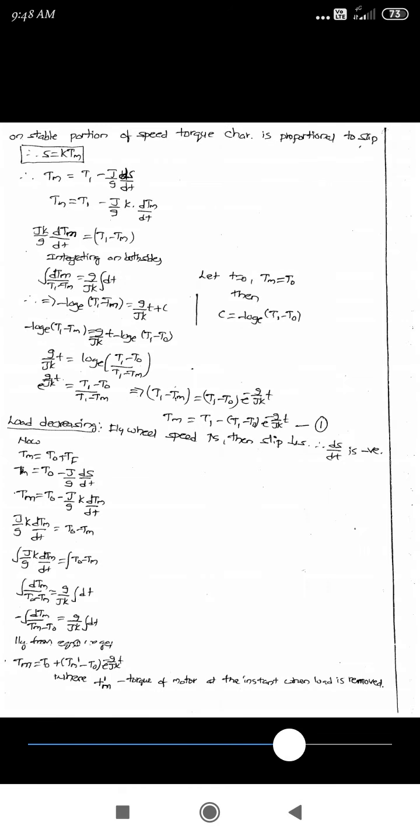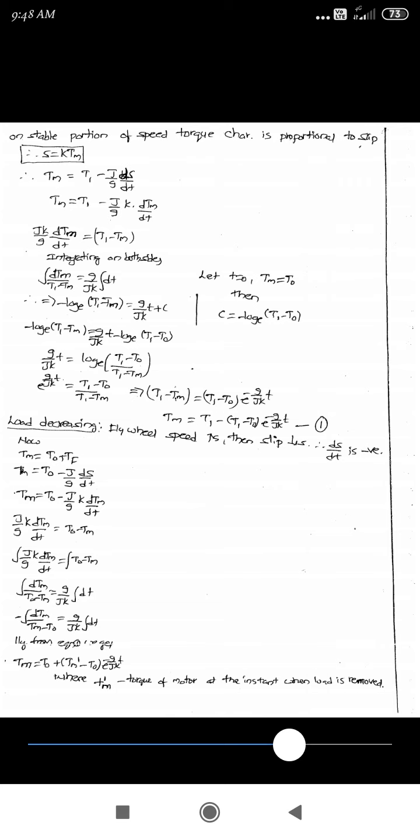In the case of an induction motor, the torque exerted by the motor, in the stable position of the speed torque characteristics, is proportional to the slip value. So slip is taken as S is equal to K Tm, where K is a constant, S is slip, and Tm is the motor torque.